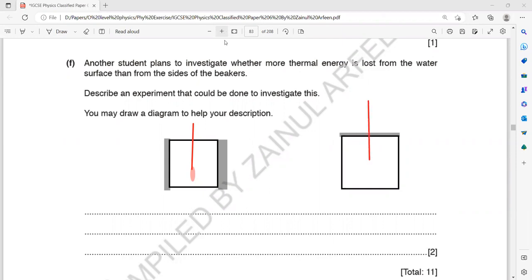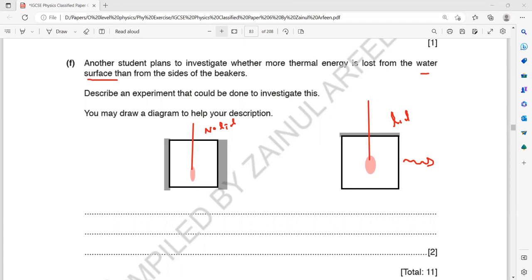Because when you keep the insulation on the surroundings and there is no lid on it, you are investigating the heat loss from the surface. And when you place a lid and there is no insulation on the walls, you are investigating how the energy is lost from the walls or sides of the beaker.